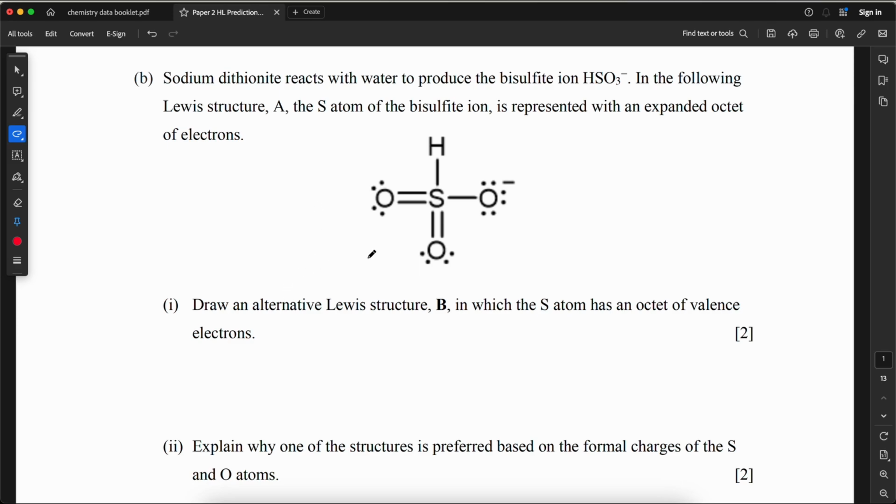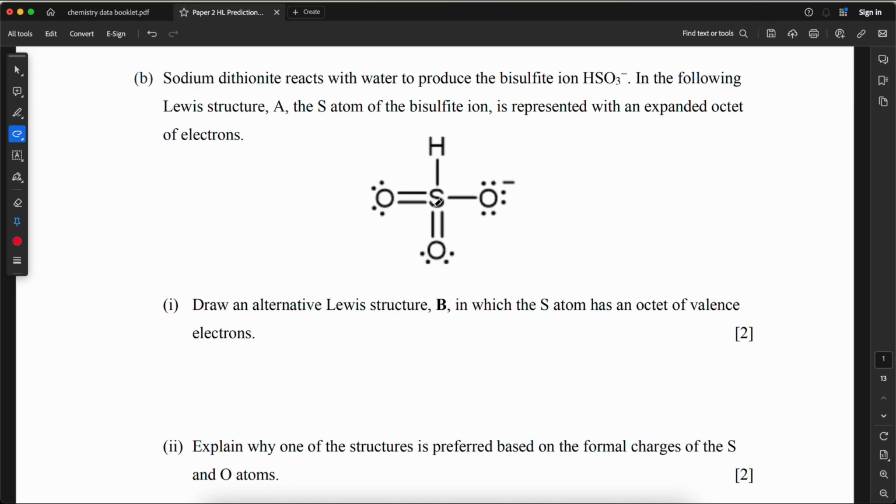Okay, so structure A shows the S atom forming 1, 2, 3, 4, 5, 6 bonds, giving it an expanded octet of 12 valence electrons. 1, 2, 3, 4, 5, 6, 7, 8, 9, 10, 11, 12.